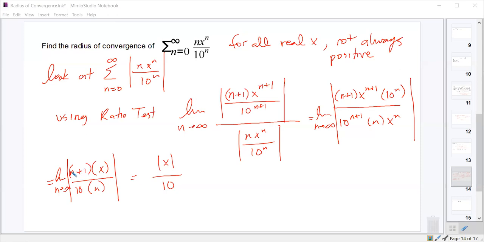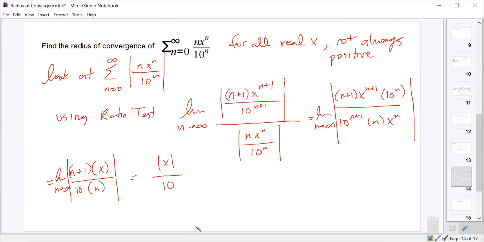So we have xn plus x over 10n as n goes towards infinity. Right? This is x infinity over 10 infinity. The infinities effectively cancel each other out. So it's just x over 10. It's just a rational function.